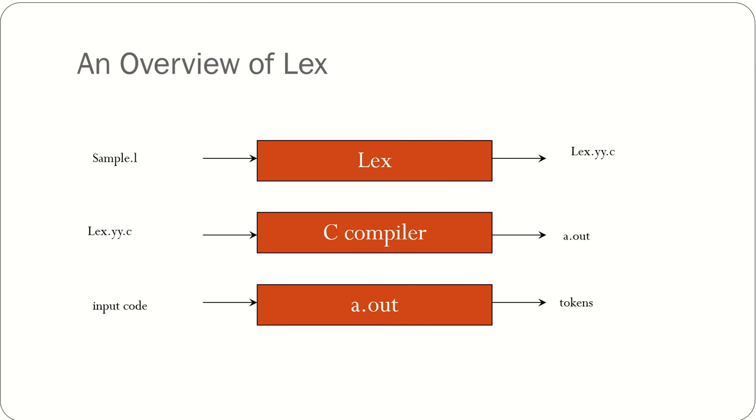So whatever specification you want to give, you can give in a .l file. It will be given as input to Lex command. It will convert it into C code which is a lexical analyzer. Further you can compile it. It generates executable a.out which can be executed by giving input code and you can check tokens generated.